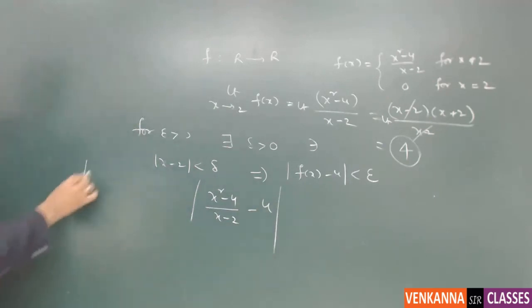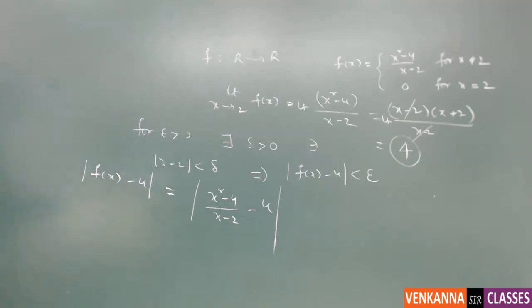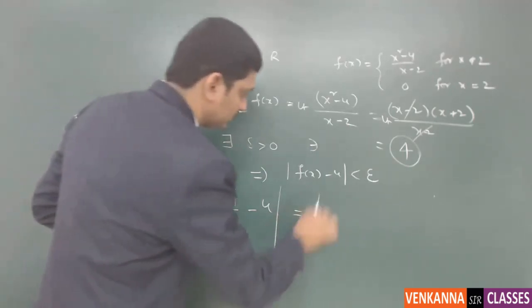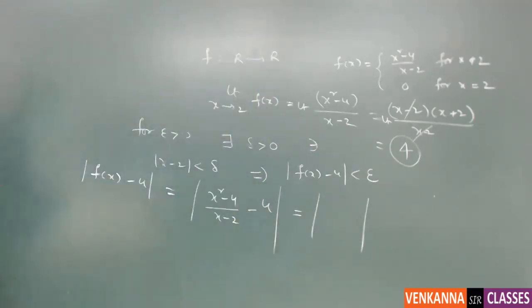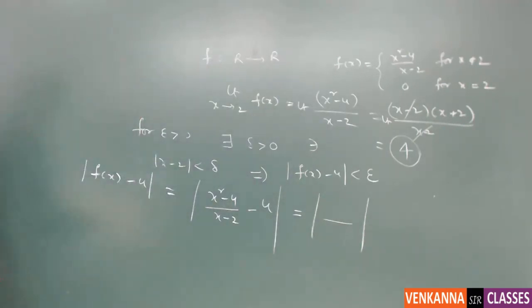So let us consider like this. Can you give me the value there? By simplifying, it will be x minus 2. So simplify the expression and give it to me, so that you can build a relationship between epsilon and this one.